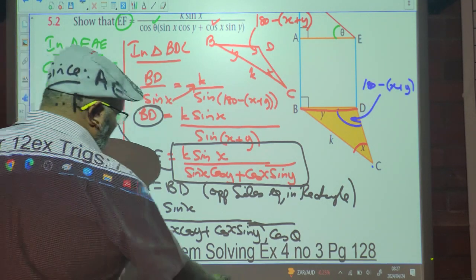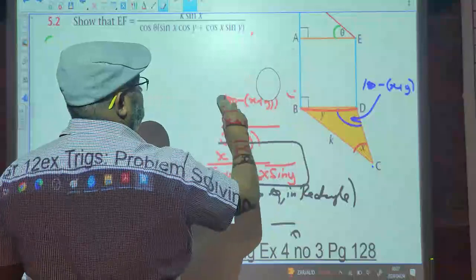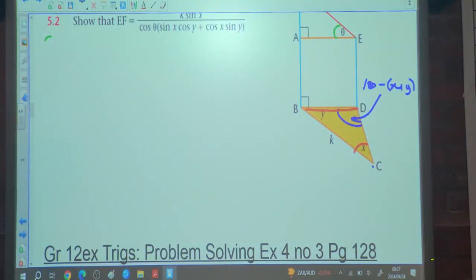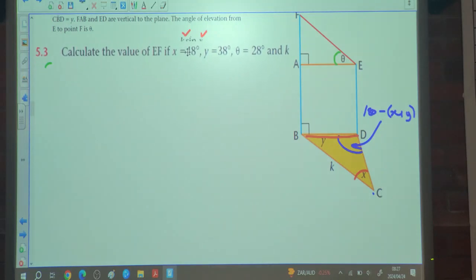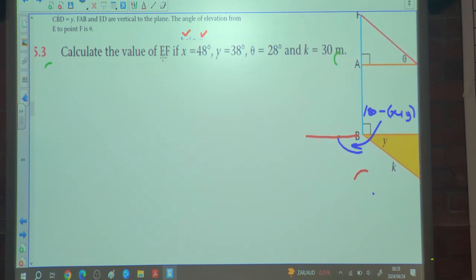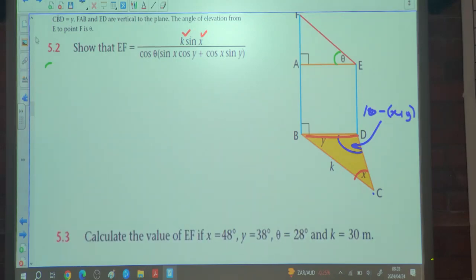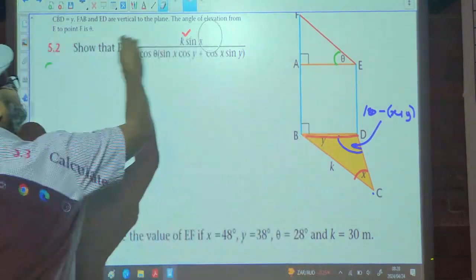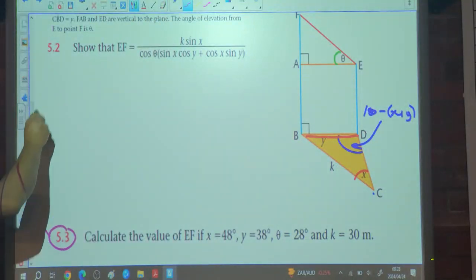So all that information that we got so far is on the board, and so you clear the board. I just want to keep the diagram in focus. Okay. And of course, the next question is to calculate the value of, so in 5.3, what's up here?